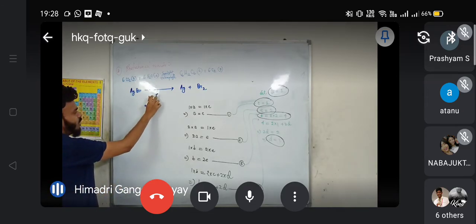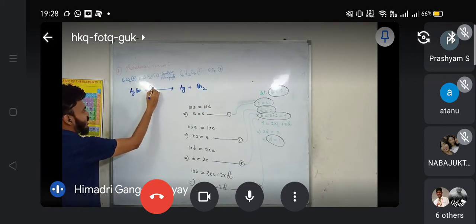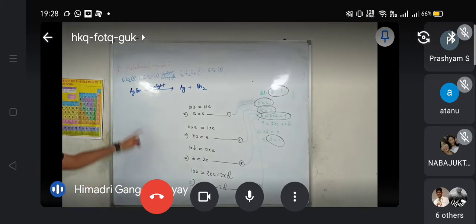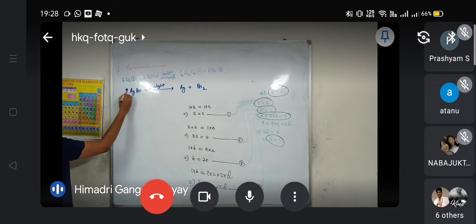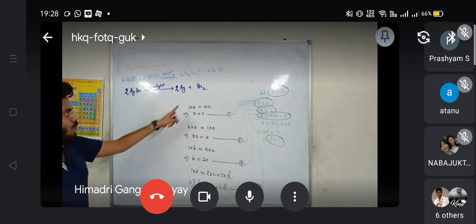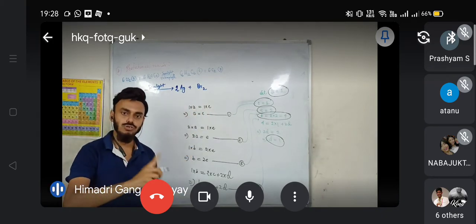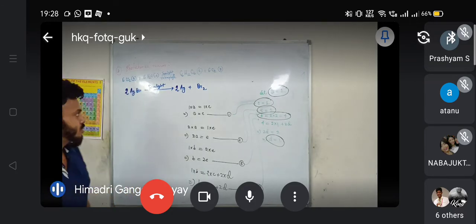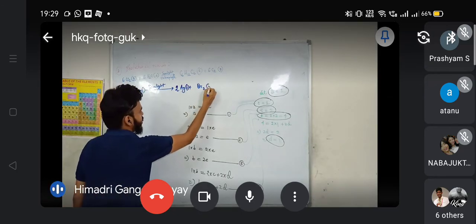And silver bromide will decompose into silver and bromine in presence of sunlight. Okay. So if you now balance it, it will be 2AgBr and it will be 2Ag. Now bromine at room temperature will be liquid, silver at room temperature will be solid, and this is a solid salt. So you can write here S, solid silver, liquid bromine.